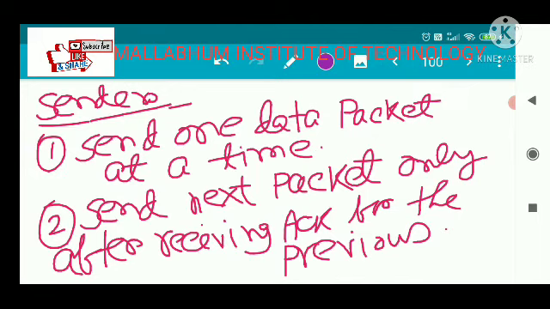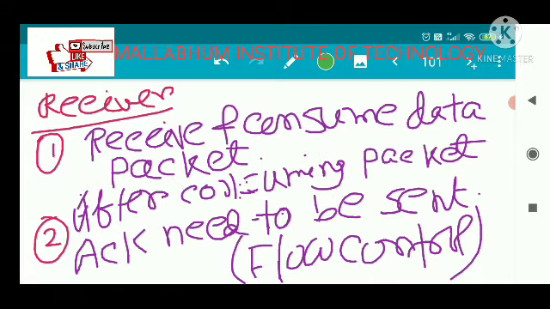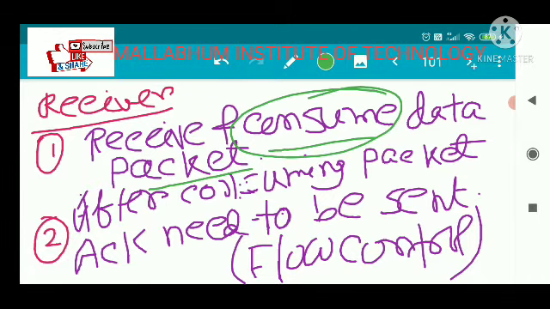From the sender side, send one data packet at a time and send the next packet only after receiving the acknowledgement for the previous. From the receiver side, receive and consume the data packet. Consume means process the data packet, and after consuming the packet, acknowledgement needs to be sent. That is the flow control mechanism.